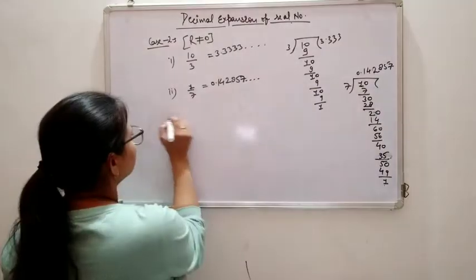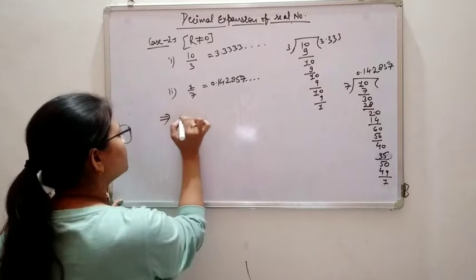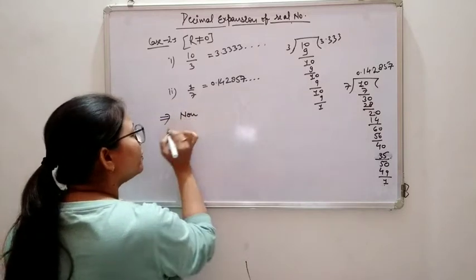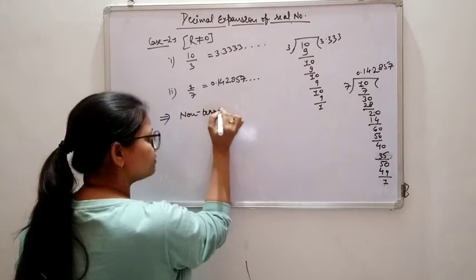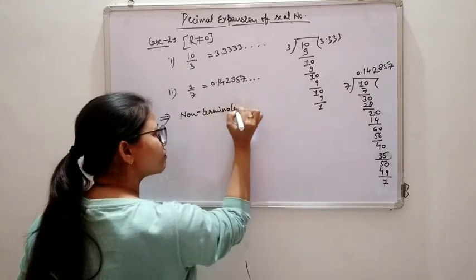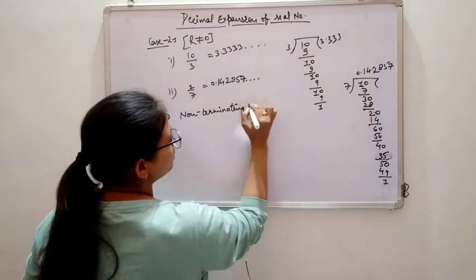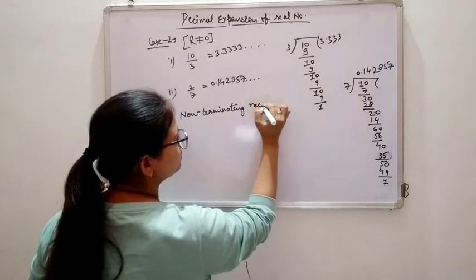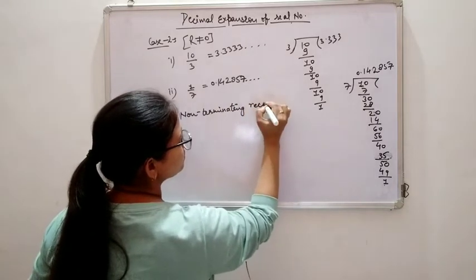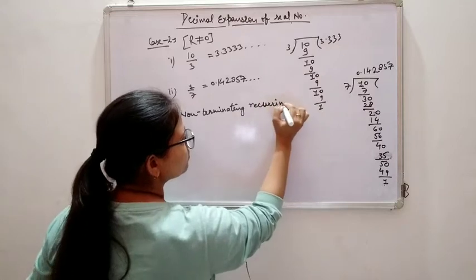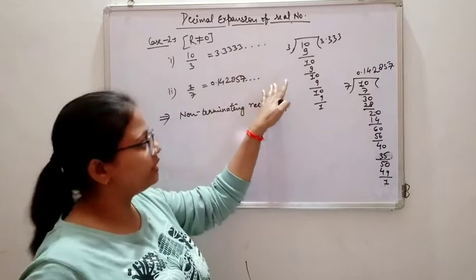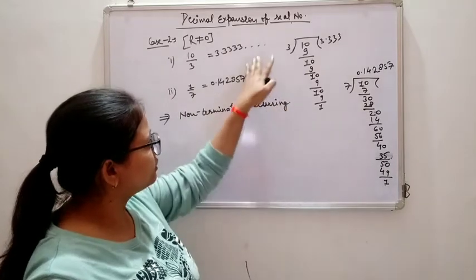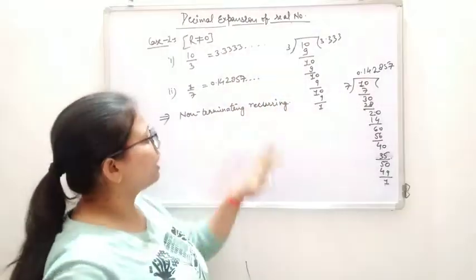Non-terminating, recurring. Clear? Non-terminating because it is not ending and the remainder is not 0 here. And why recurring?